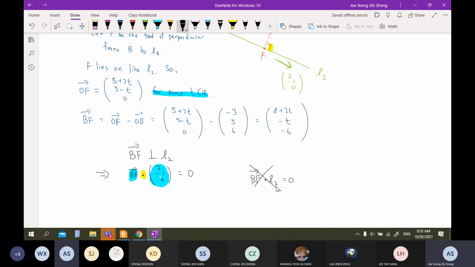L2 is a line, not a vector. Dot product can only operate on two vectors. So make sure when you use dot product, you are dotting two vectors together. And when you say perpendicular, it's fine to use L2.